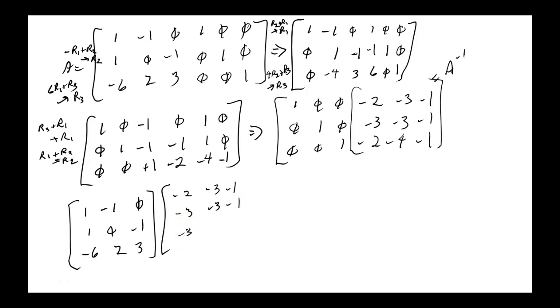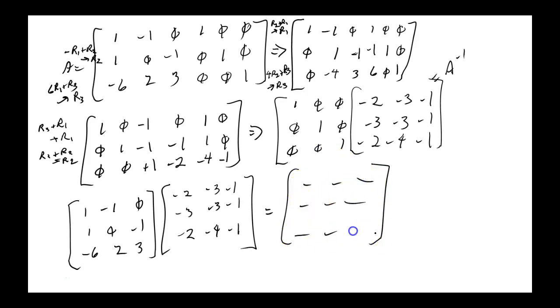Negative 2, negative 4, negative 1. Sort of unusual to have all negatives there, but weirder things could happen. These are certainly multipliable, so that's going to be a 3 by 3. Okay, let's start. What do we get?